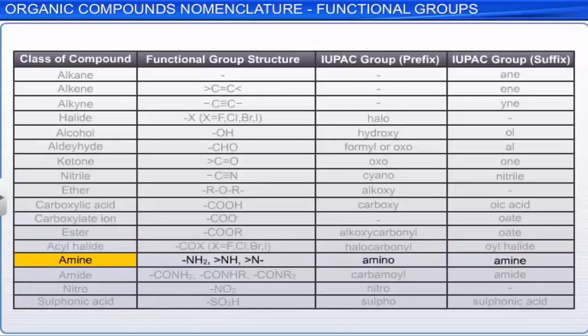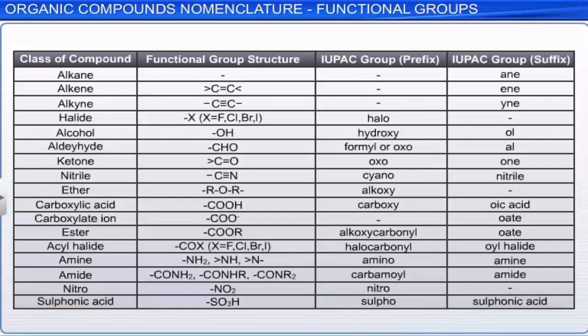The amine group prefix is amino and the suffix is amine. The amide group prefix is carbamoyl and the suffix is amide. And the nitro group prefix is nitro. The sulfonic acid's prefix is sulfo and the group suffix is sulfonic acid.